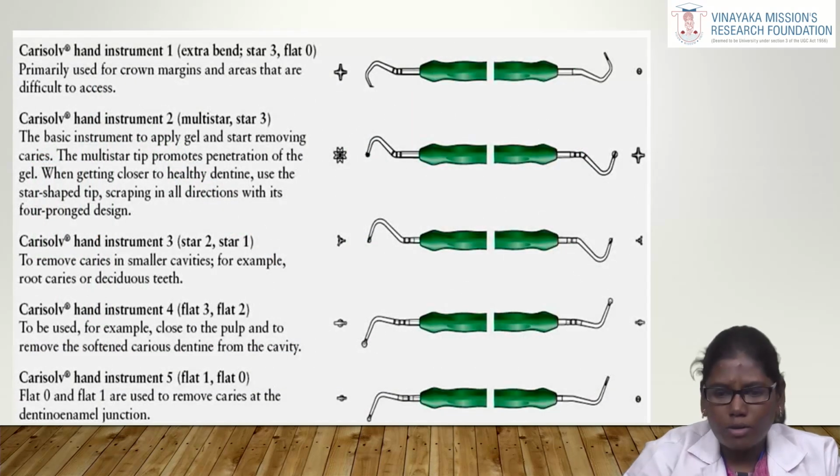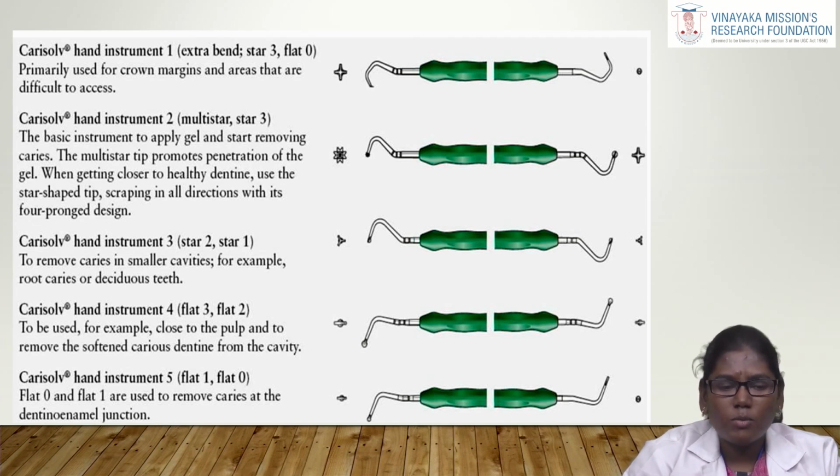Another important thing in CarieSolve chemomechanical agent is that for its application it requires 5 special hand instruments for its application and manipulation. CarieSolve hand instrument 1 is mainly used for crown margins and areas that are difficult to access.